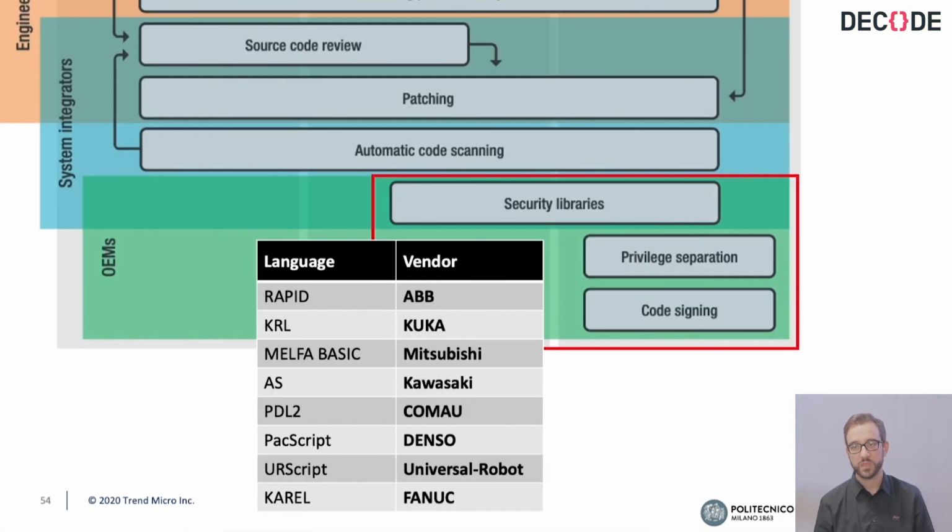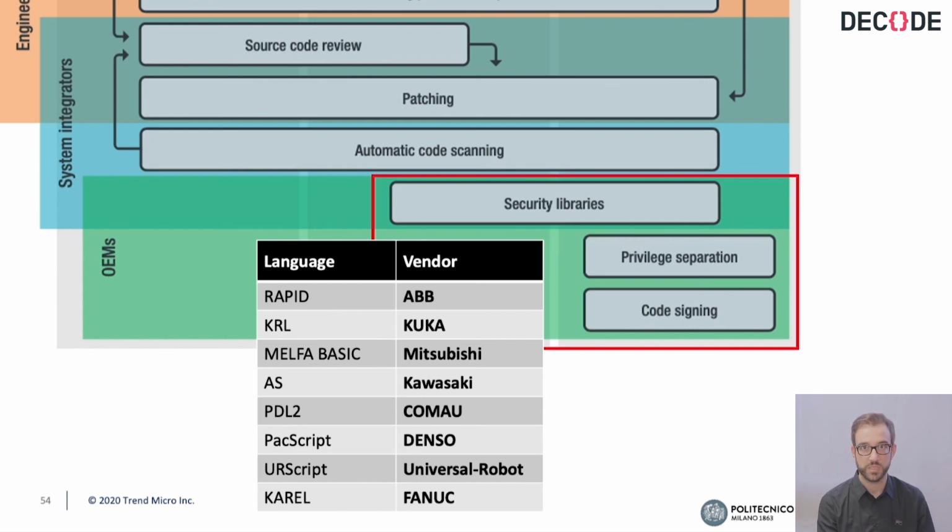And last, I think that the OEMs can really make a difference here, in the sense that they are responsible for the security of the next generation of robots. And I think that in the shorter term, together with system integrators, they could start developing adapter libraries, like libraries that implement features that are not yet available in the languages that are used right now.